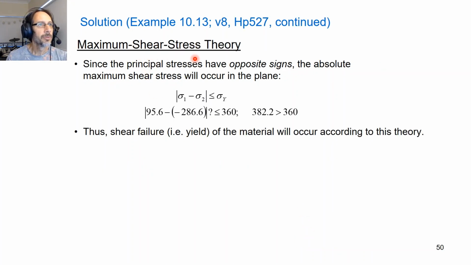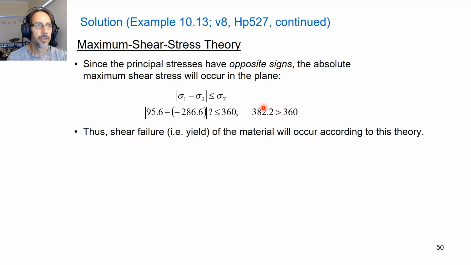So using the maximum shear stress theory, we've got opposite signs, so we use this version of the equation: stress 1 minus stress 2, is this less than the yield stress, to determine whether yield has occurred or not. Let's put in the numbers we just calculated. Stress 1, 95.6, minus minus 286, comes out to be 382.2, which is greater than the yield stress.